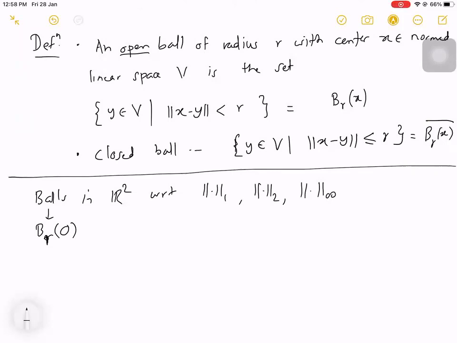In fact, maybe the infinity one is the easiest. Just think about what happens. I'm taking distance from the origin, so the length of the vector itself should be less than or equal to, let us say, r. What is the length of the vector? There are two coordinates. The infinity norm says just take the larger of the two.